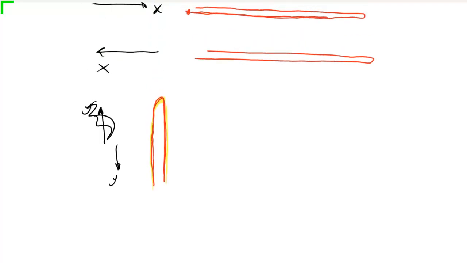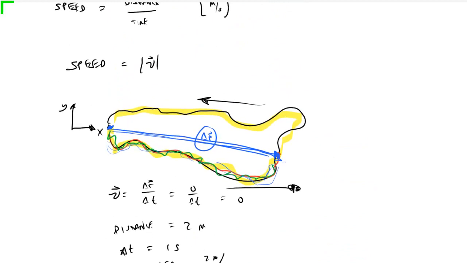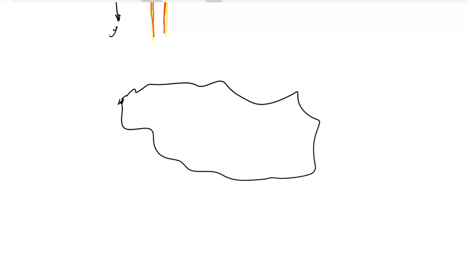Lastly, I talked about an average velocity up here, which was averaged over this entire time interval. Actually, let me redraw this path down here, or another path. So let's say we have a starting point here and we travel along something like this.